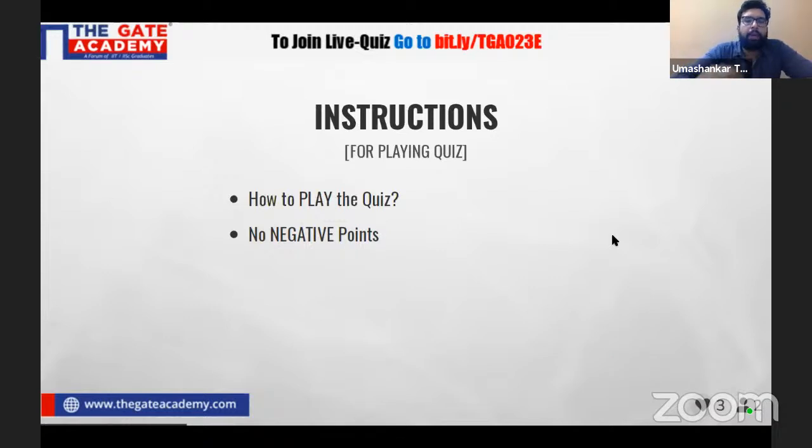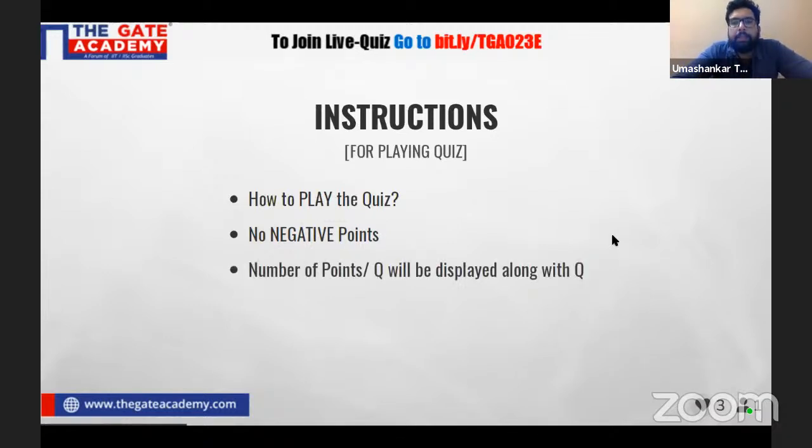So no negative marking is there. Each question will carry some points, and you can see the points with the question.